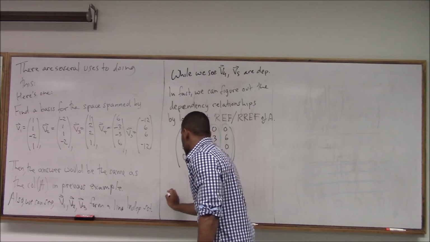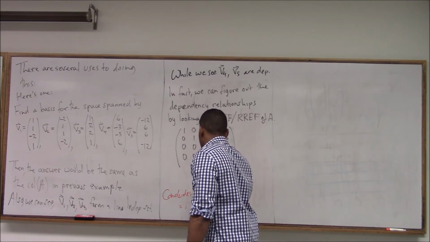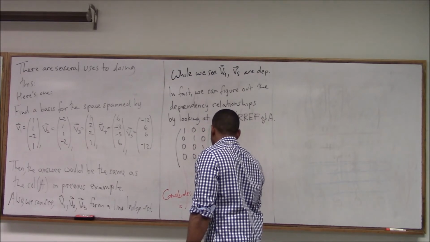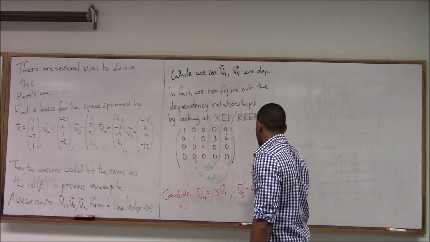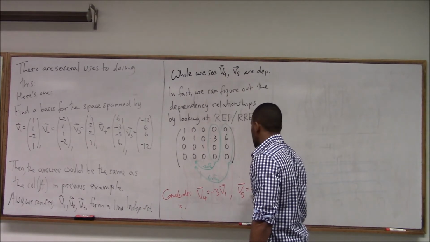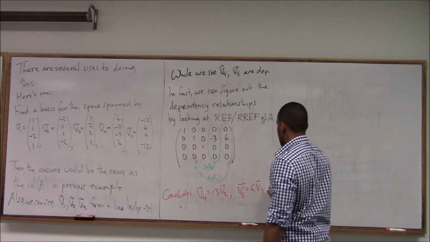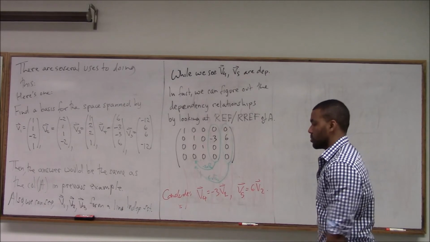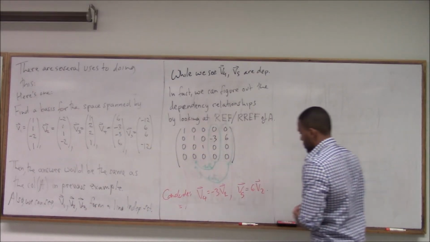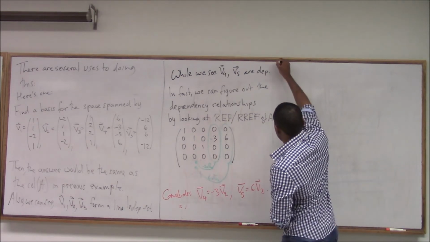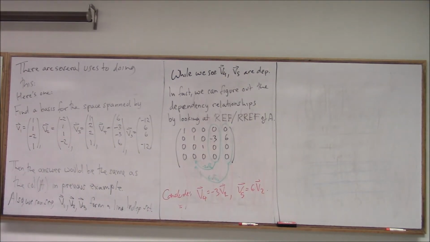You could conclude that V4 is actually minus 3 times V2, and V5 is 6 times V2. That's a nice little thing you can do.